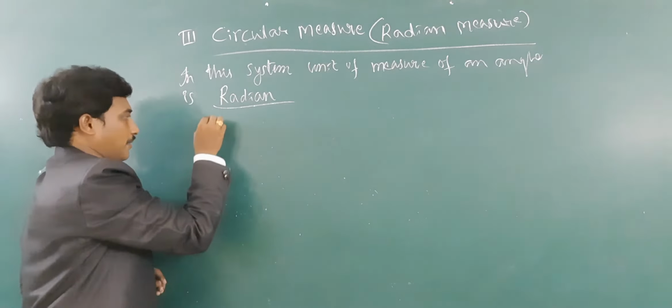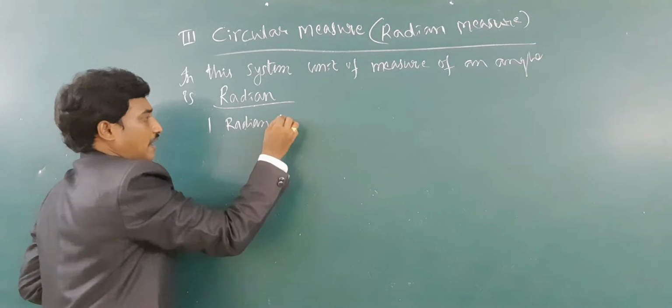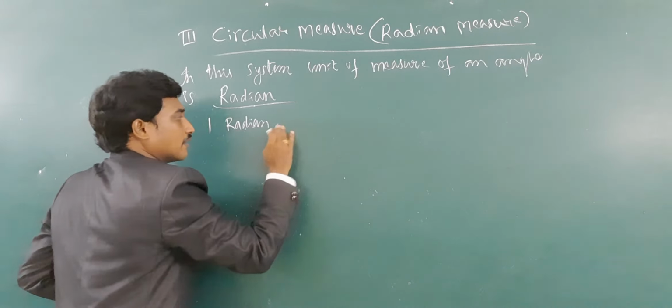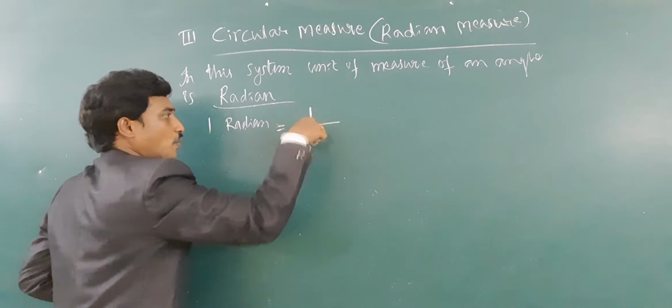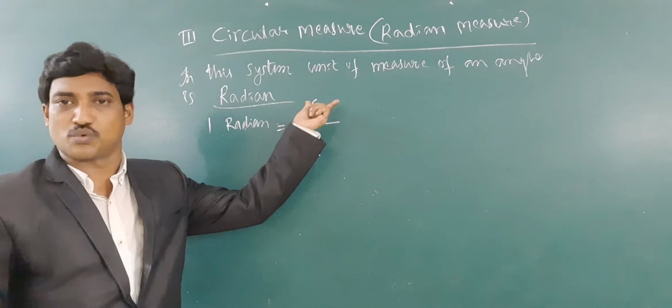And 1 radian is denoted as 1 c. We read it as 1 radian.